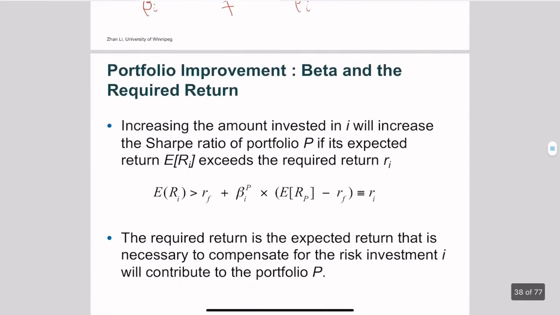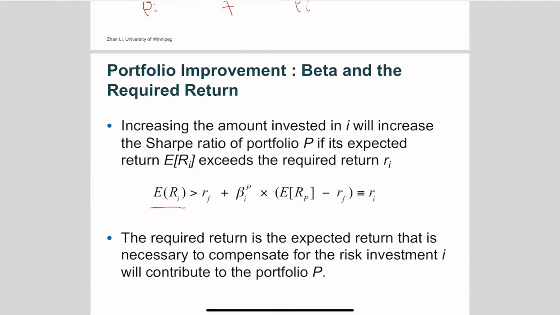Okay, now we could formally talk about how we could adjust the investment I to make portfolio P more efficient. As I said, you want to compare the expected return of investment I and the required return.